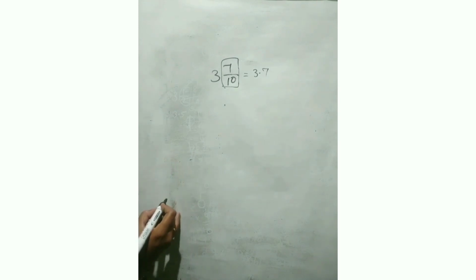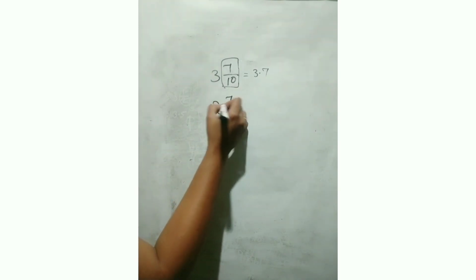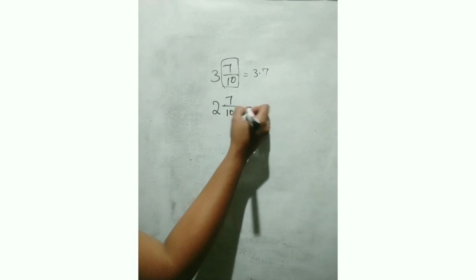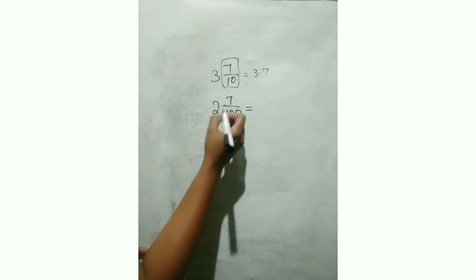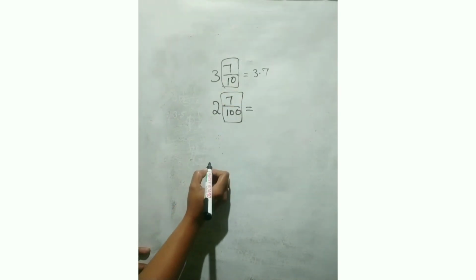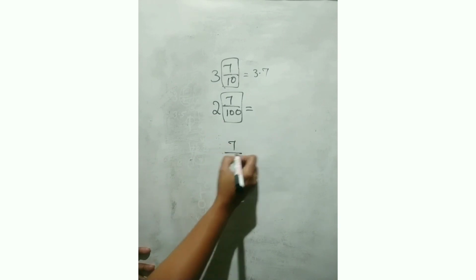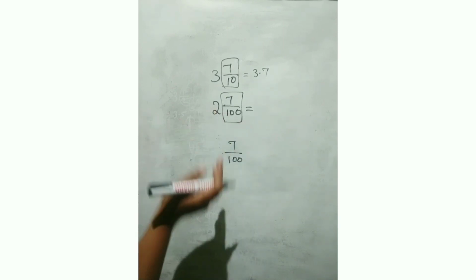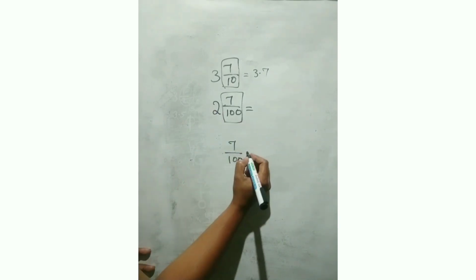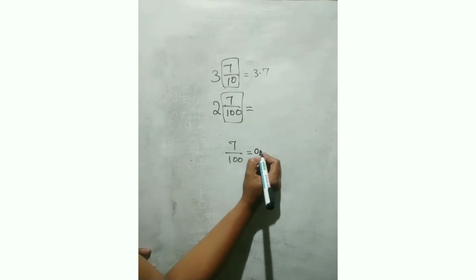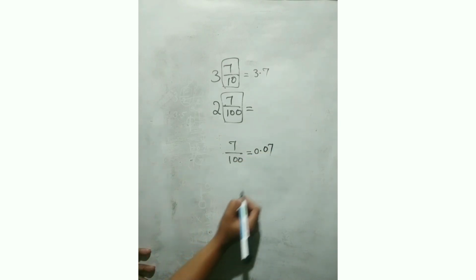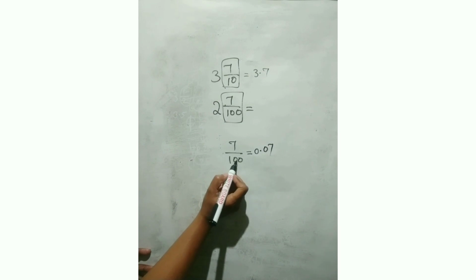Okay. Then 2, 7 on 100. How can we write? This one, 7 on 100. That is dividing by 100. We have studied many days before. This is equal to 0.07. 7 on 100. 2 zeros are there.